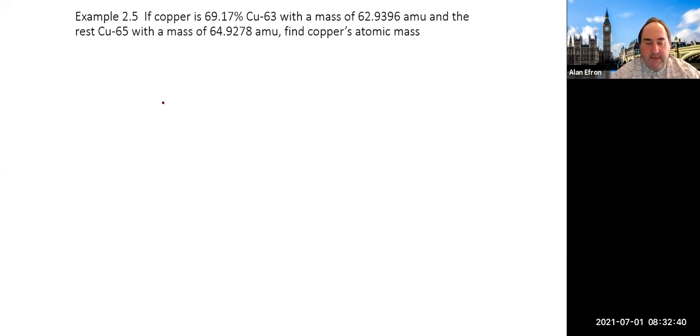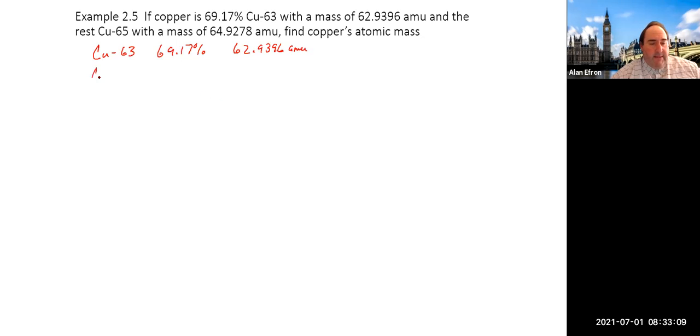Okay, let's take a look at this. So here, we're given a couple of isotopes of copper. We have copper 63, and for copper 63, we know it occurs 69.17% of the time and has a mass of 62.9396 AMU.